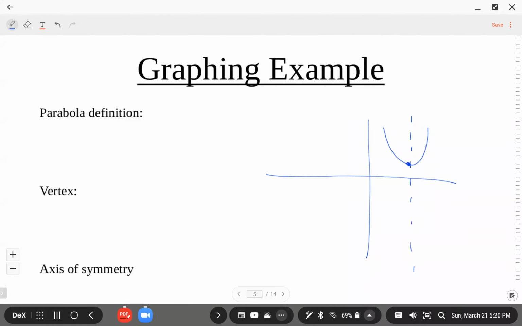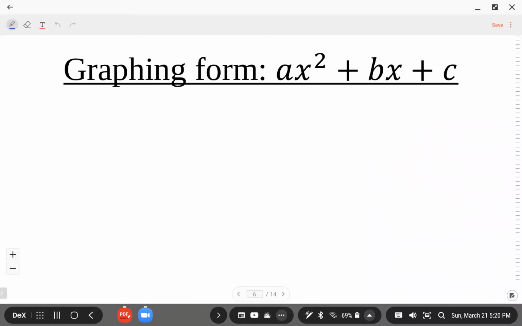Even though my drawing is very bad and it doesn't really look symmetrical, parabolas are always symmetrical. So there's going to be an axis of symmetry in the middle of this parabola, and that's going to be essential when we're graphing the function, okay?